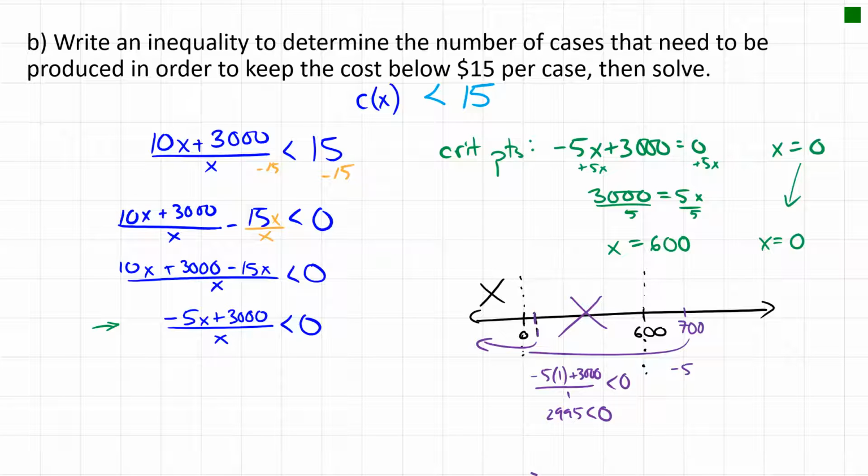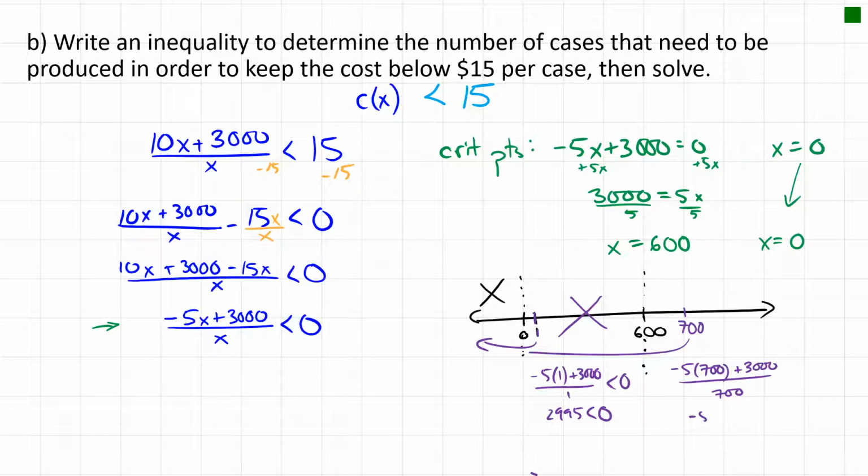Now let's test the same thing with 700. So -5 times 700 plus 3,000, all of which is over 700. That's my test point. So just plugging into my calculator, what does that top expression equal?